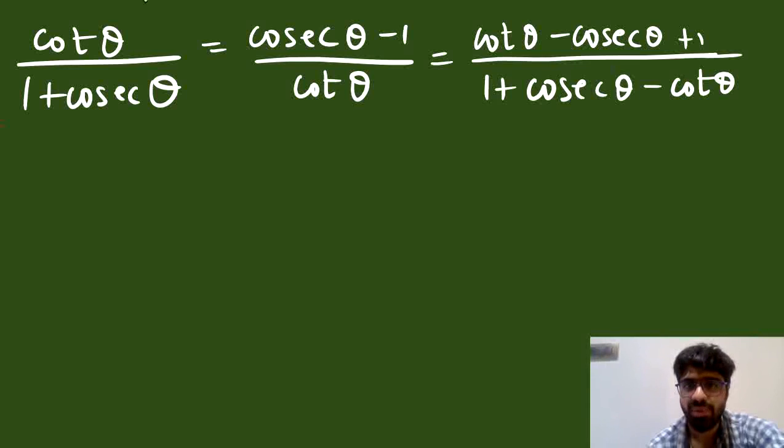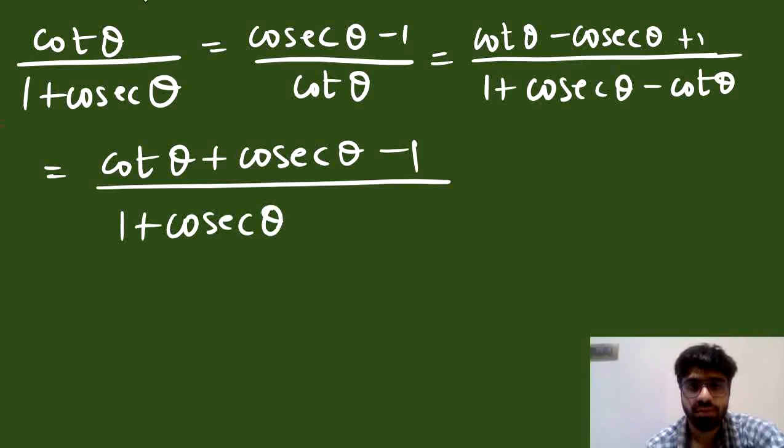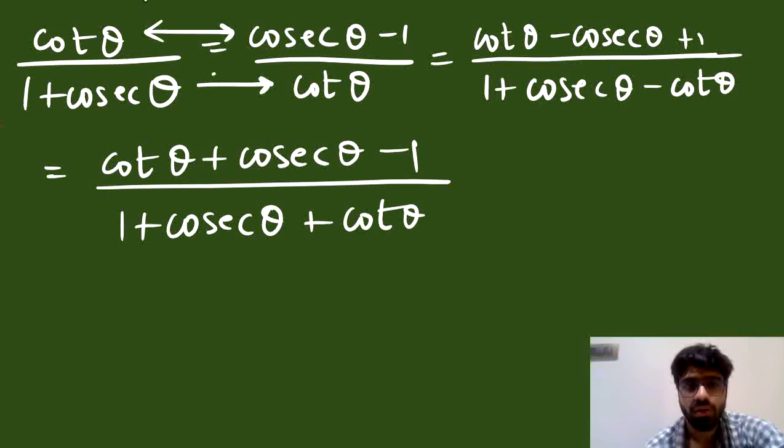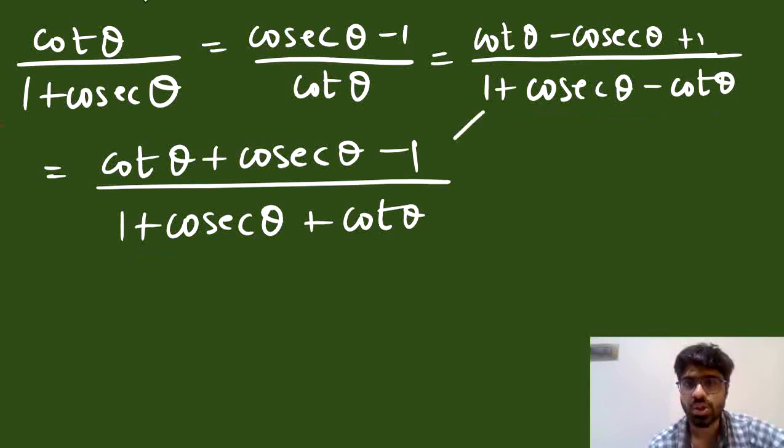So just add them up and you will have cot theta plus cosec theta minus 1 divided by 1 plus cosec theta plus cot theta. We have basically added the two numbers here. And the claim is that the ratio that we have got is equal to this as well as this. Ultimately, we are concluding that these two ratios are equal amongst themselves.